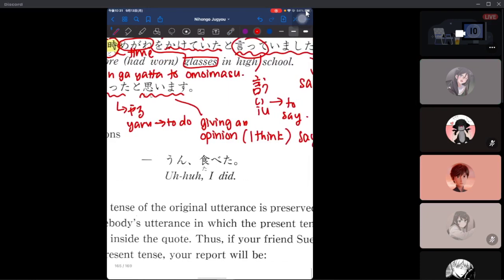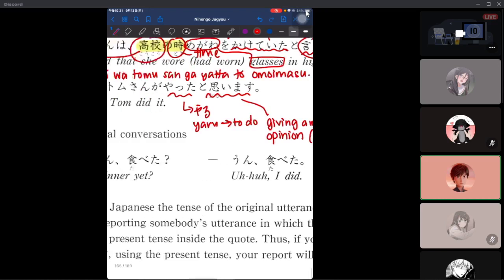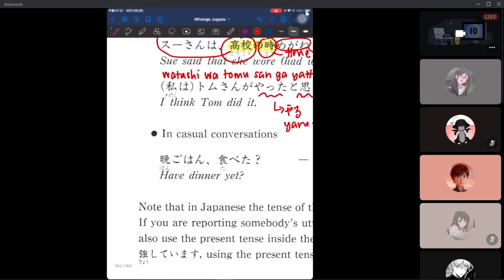Yeah, but I flushed it. Oh, my one's split. My one's 食べた. Bangohan.